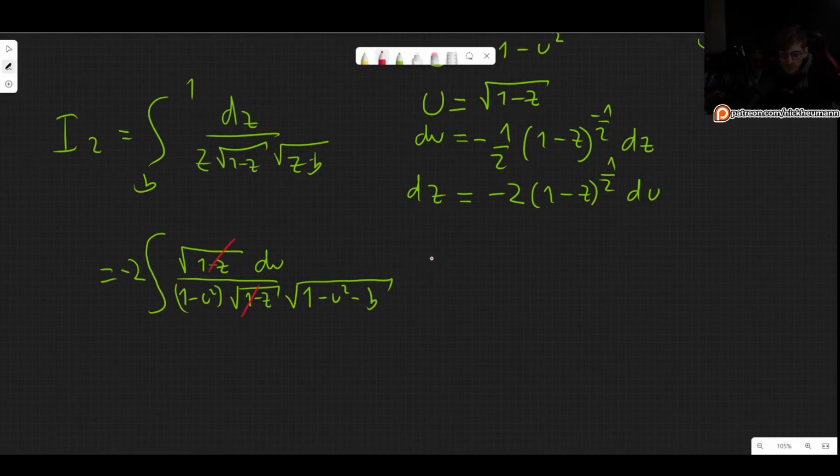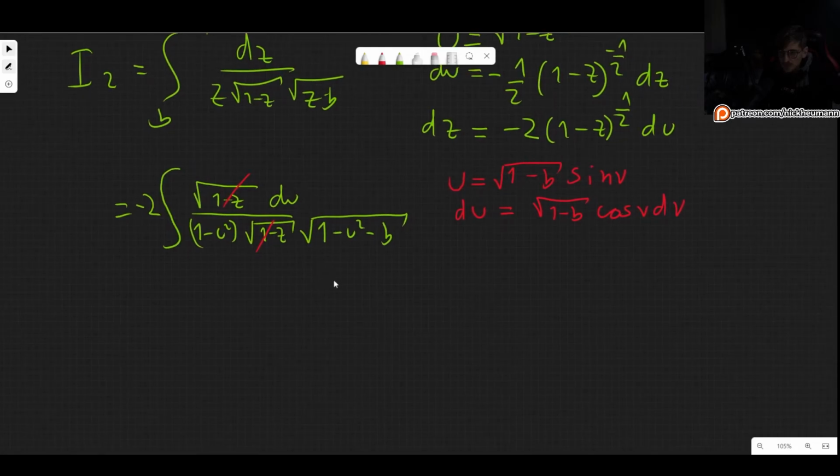And the way to go about it is to say, okay, let's say u is going to be, with an idea a little bit similar to what we did before, the square root of 1 minus b, which is what we have here, times the sine of some new variable v. So that means that du will be the same square root of 1 minus b times the cosine of v dv. Okay, so let's take a look here.